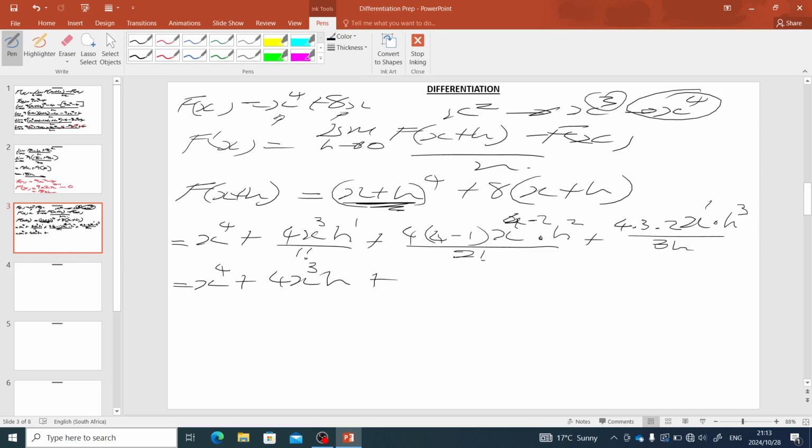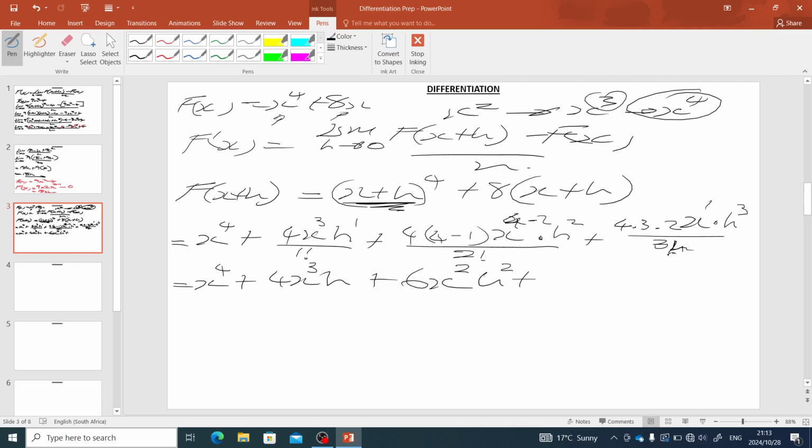Then 12 divided by factorial 2, then it gives us what? 6. Because factorial 2 gives us 2. That means here we are having 6 multiplied by x to the power what? 2. Because 4 minus 2 is 2, multiplied by h squared, plus, we come on the third one.